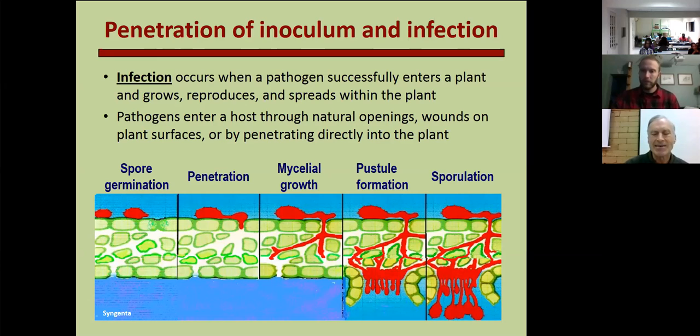And then in the last two slides, on the right, on the bottom of the leaf or whatever plant part it's on, it's making a structure that's producing more spores. So it's completing its life cycle that way.